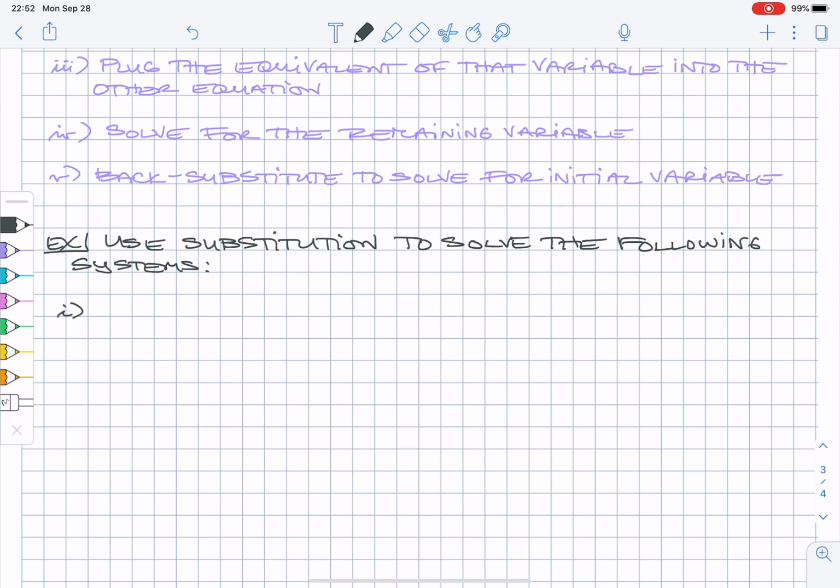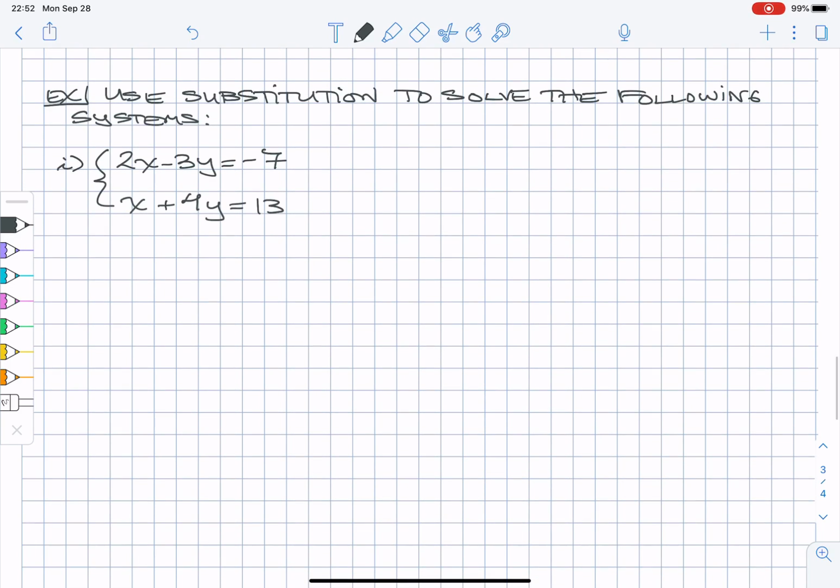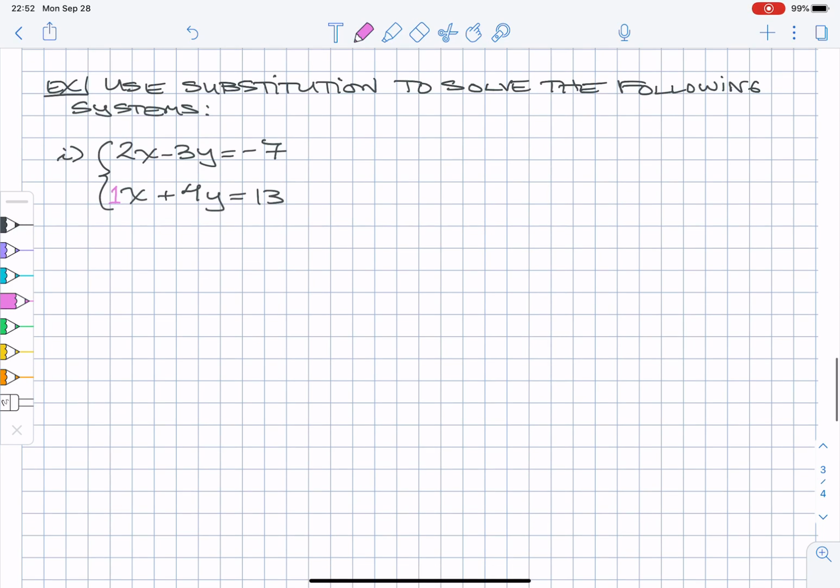Number 1, let's say we have 2x minus 3y is equal to negative 7, and x plus 4y is equal to 13. Right away, I notice that there's a coefficient of 1 on this variable here.